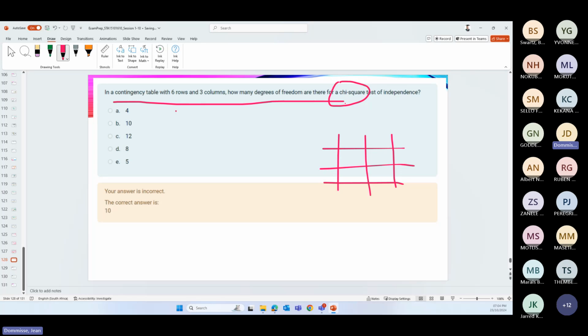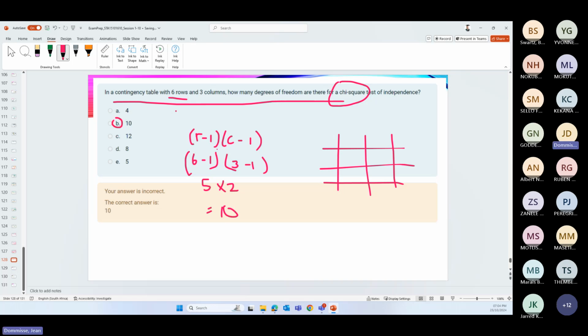Okay, so chi-square with contingency table 6 rows. So remember row minus 1 to get the degrees of freedom, so 6 minus 1, and then column minus 1 is 3 minus 1. So it's 5 times 2, which will give us 10.